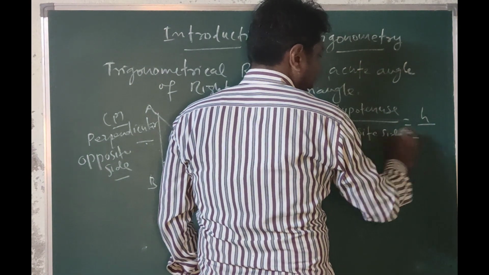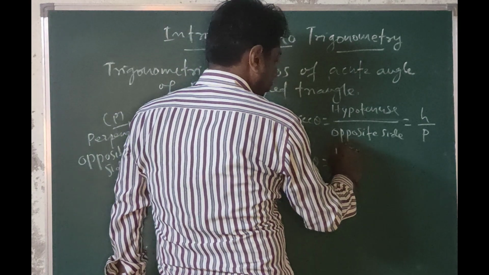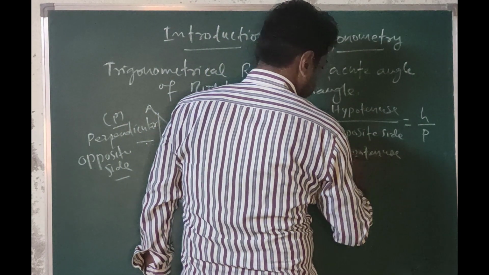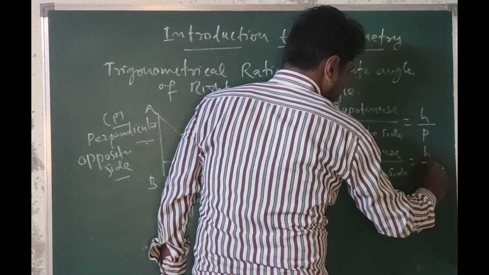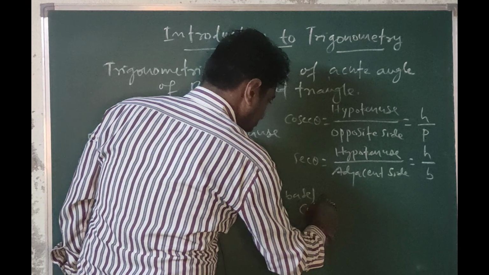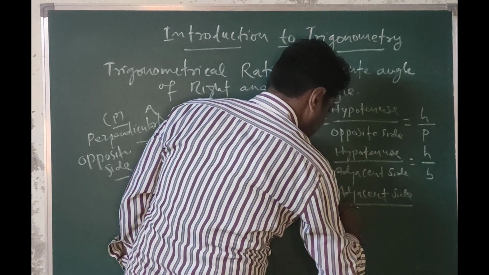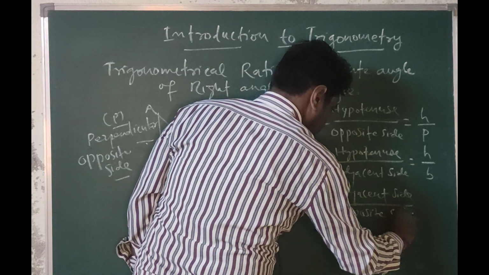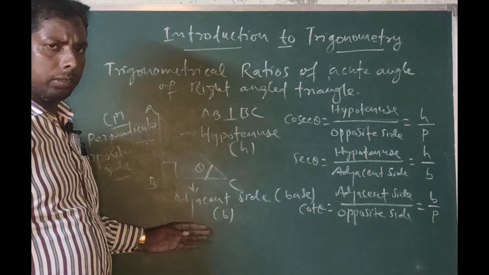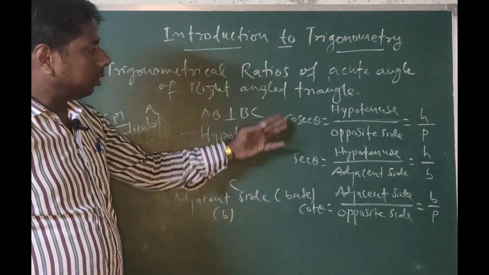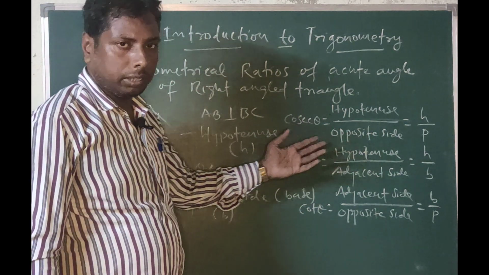So H is the hypotenuse and P is the opposite side, so the formula of cosec theta will be H by P. Then sec theta equals hypotenuse by adjacent side, so the formula will be H by B. Then we have cot theta equals adjacent side by opposite side, so the formula will be B by P. So this way we can write the trigonometrical ratios, and these formulas will be used in solving the questions in our exercise.